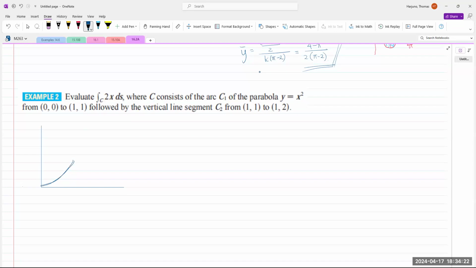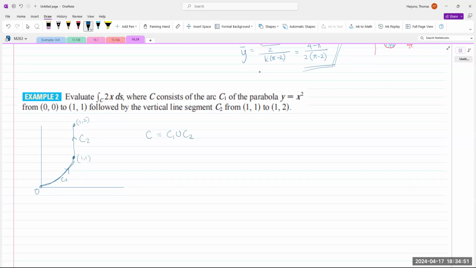It is followed by a vertical line from (1,1) to (1,2). So this is C2. Basically, the curve C is C1 union C2.